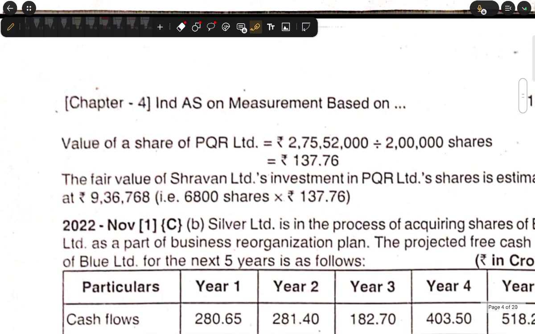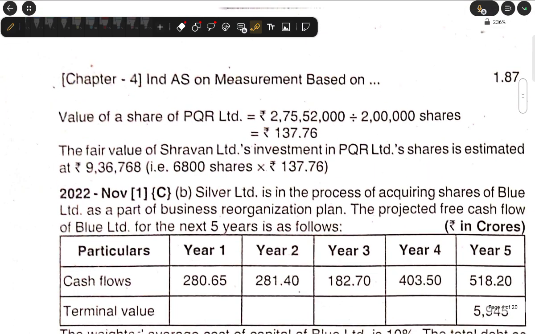The fair value of Sherwin's investment is the estimate divided by the number of shares, then multiplied by 6,800 shares.